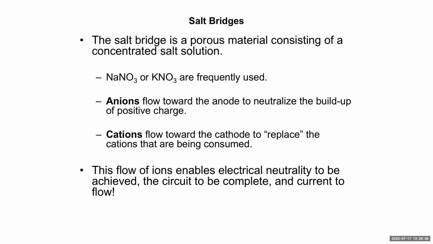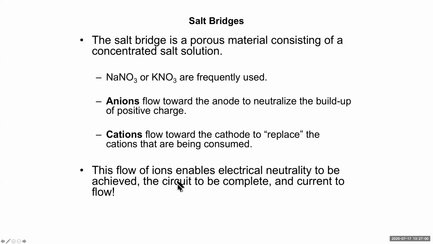So that charge that's being lost has to be replaced by the negative ion in the salt bridge. So anions always flow towards the anode, and the opposite is true for the cathode. So cations are always going to the cathode.